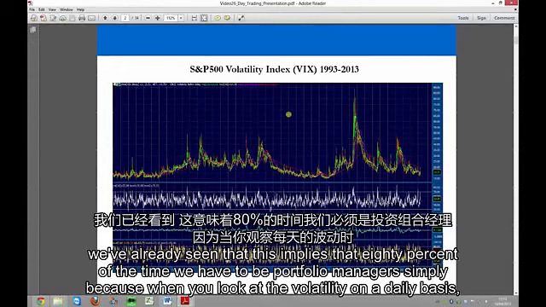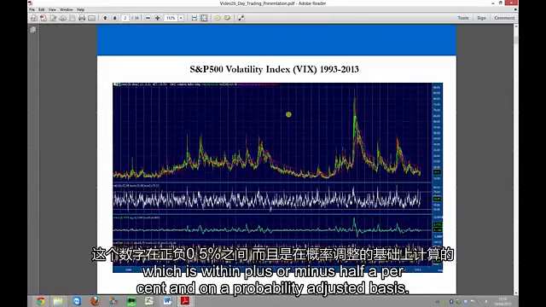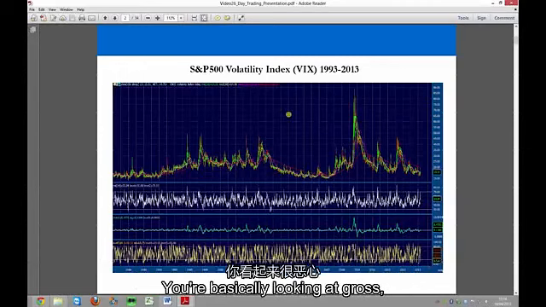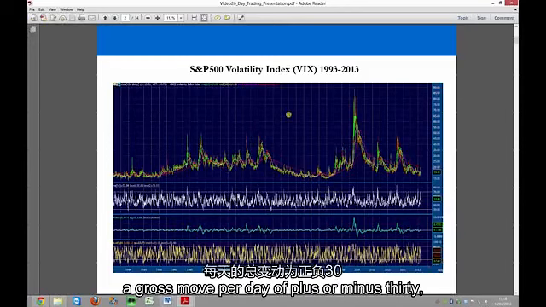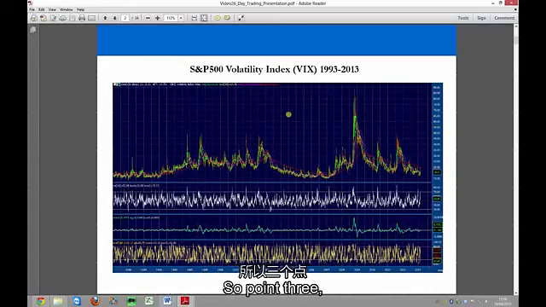When you look at the volatility on a daily basis, 80% of the time you get a move in the S&P 500 which is within plus or minus 0.5%, and on a probability adjusted basis you're looking at a gross move per day of plus 35 or minus 33 basis points, so 0.35 or minus 0.33.